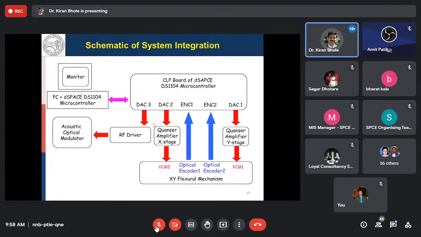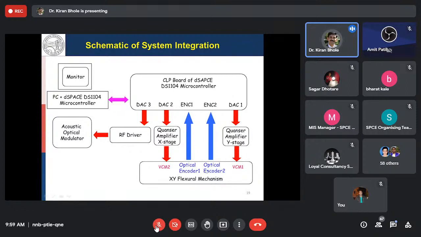So we have used the dSPACE DS1104 platform as a microcontroller, and from the microcontroller, the CLP board, various units are connected to it. These are the DAC channels, and to the DAC channels, the RF driver and the amplifier for the XY motion are connected.